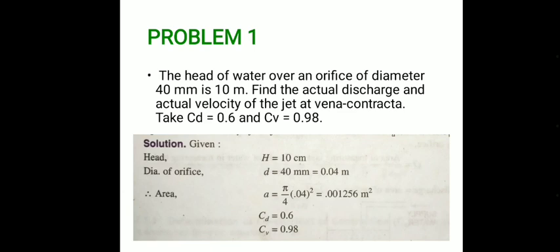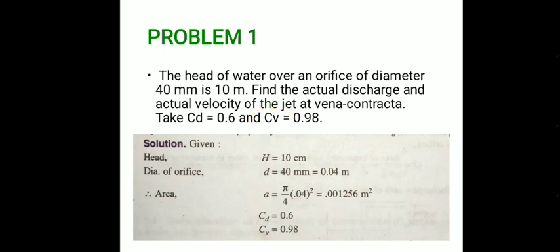In the question we have the orifice diameter as 40 mm and the head of water as 10 meters. What we have to find is the actual discharge and the actual velocity of the jet.